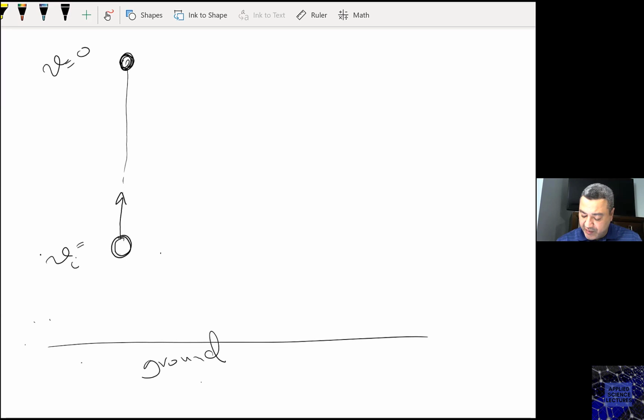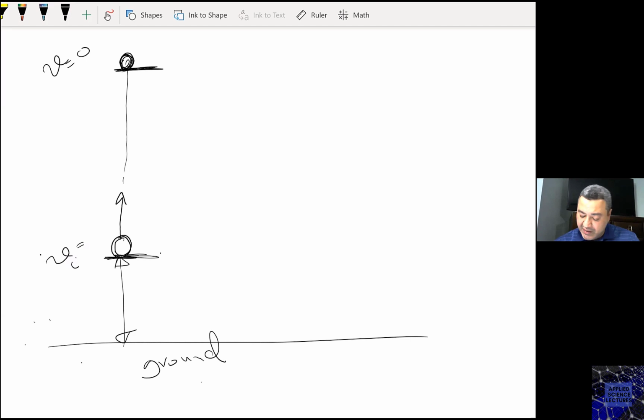It has a gravitational potential energy with respect to the ground. So what's going to happen is the total energy right at this point here will be the same as the total energy right at that point.